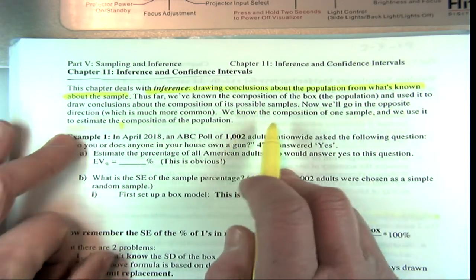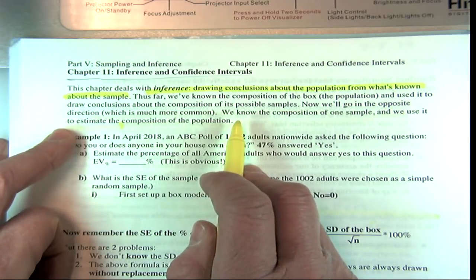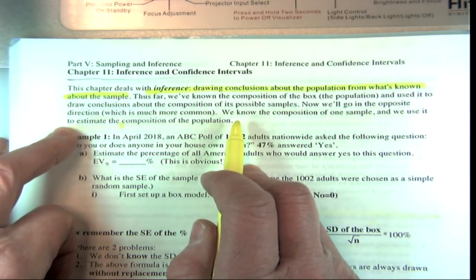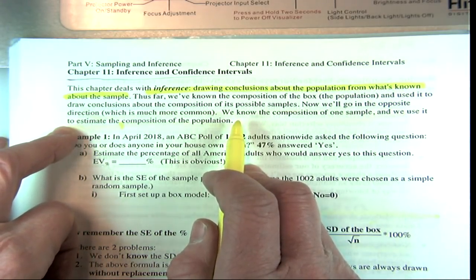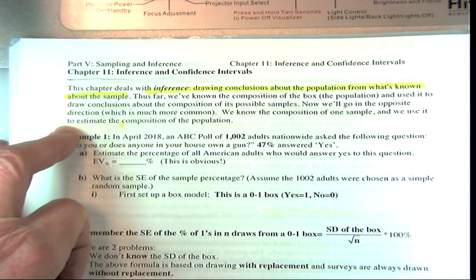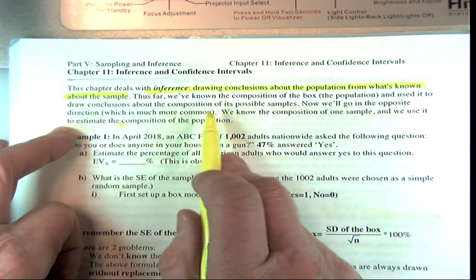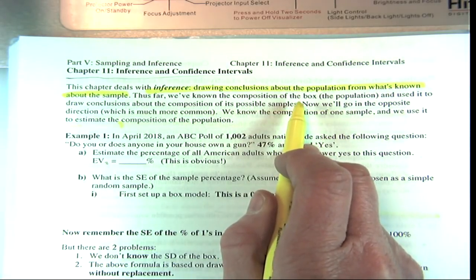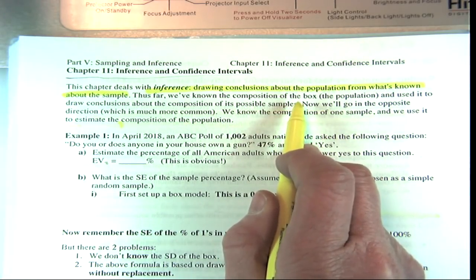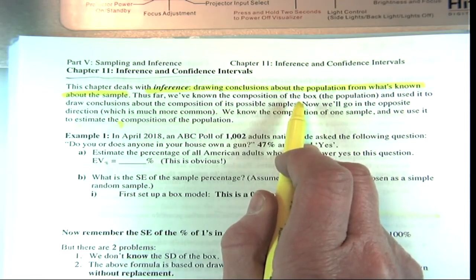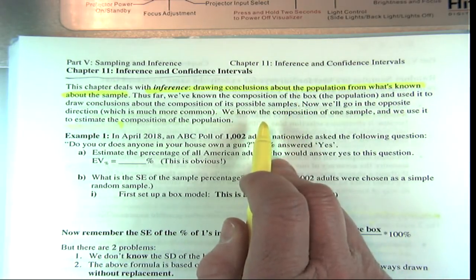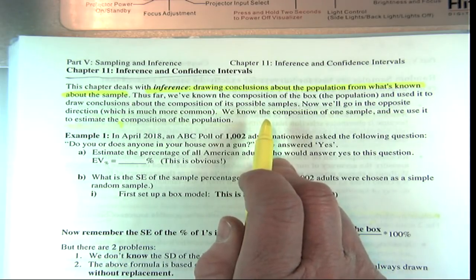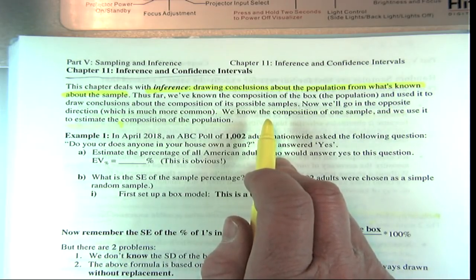But now we're going to go in the opposite direction, which is much, much more common. Usually we have a sample, because we take a sample because we don't know what's in the population. In fact, the only time that we're in the other situation, generally speaking, is gambling games, games of chance where we know the odds are very well defined. Usually we don't know the population. We find it out at the election, like in a pre-election poll, we'll finally find out how the population voted.